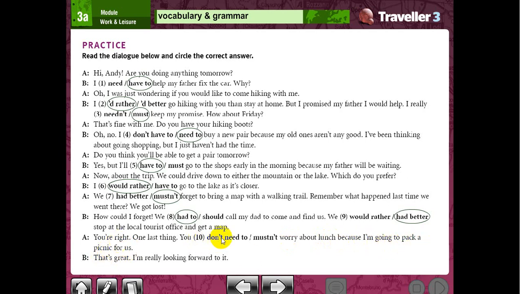Here we will choose don't have to because it expresses absence of necessity in the present and future. It is not necessary to worry about lunch because I am going to pack a picnic for us. That's great. I'm really looking forward to it.